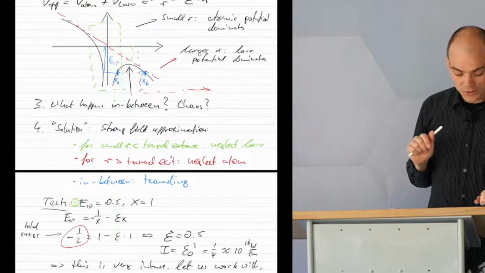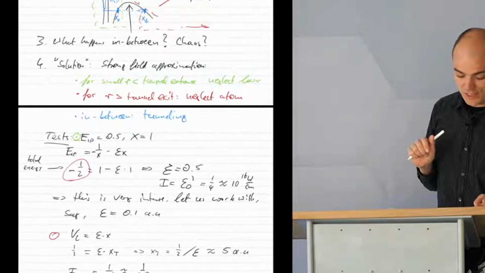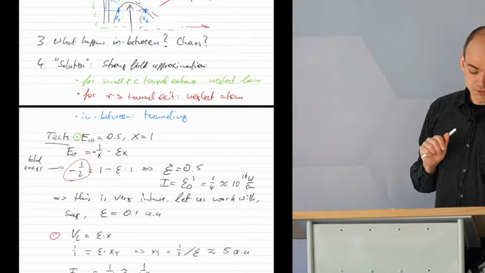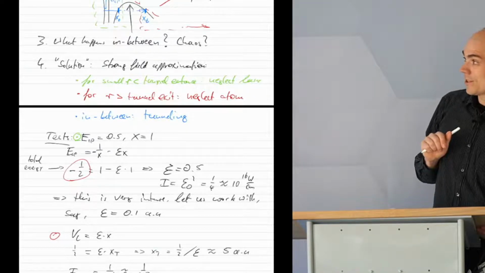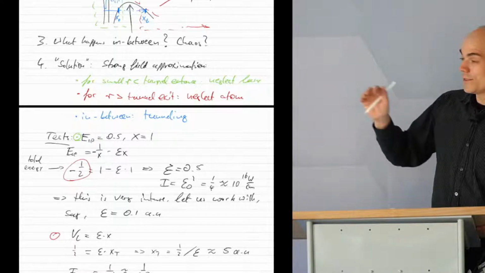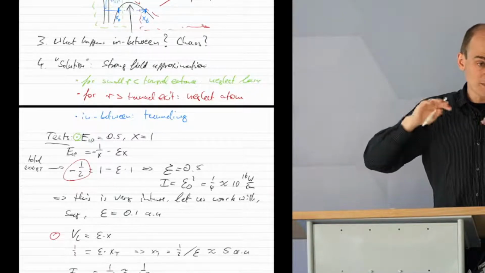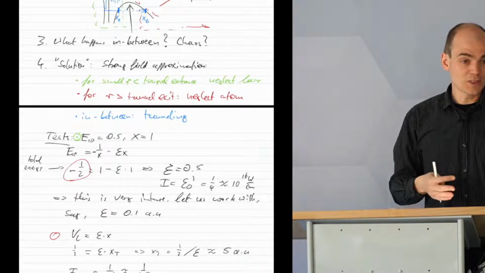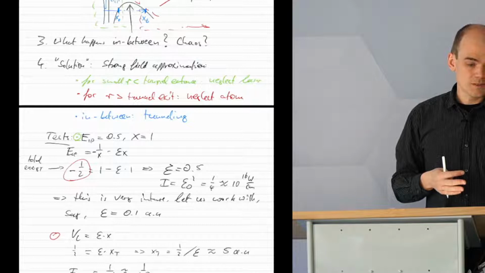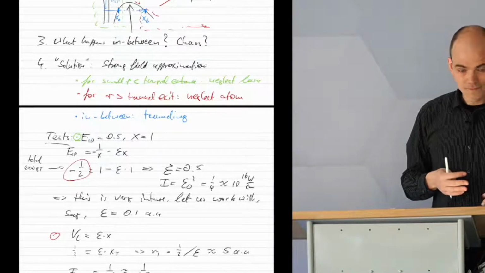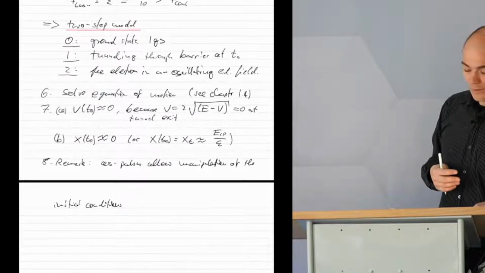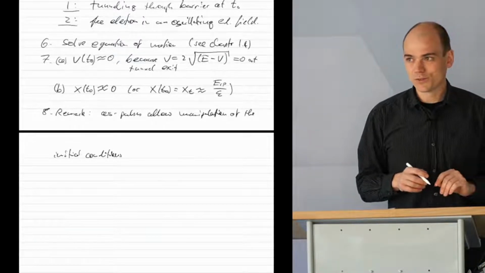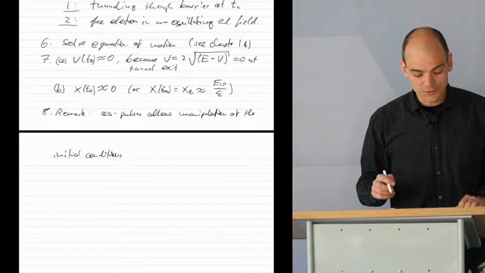The point of this was to calculate whether it's reasonable to neglect it. So we ask the question: when is the influence of the laser electric field so strong that the energy of the electron would be significantly altered? I think I will make a remark to improve the script at this point.